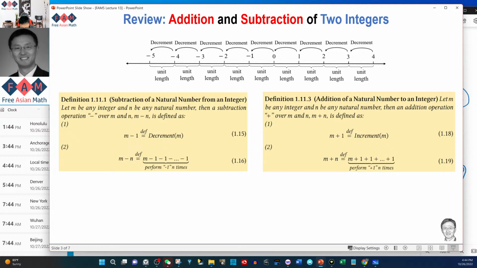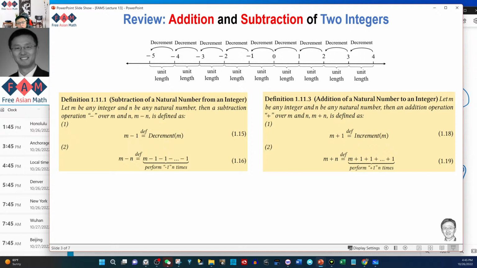And their definitions of subtraction and addition are almost exactly the same as our natural number addition or subtraction definitions. The only difference is that now we don't really care whether the first number is positive or negative. It doesn't matter because the definition is still through increment and decrement.